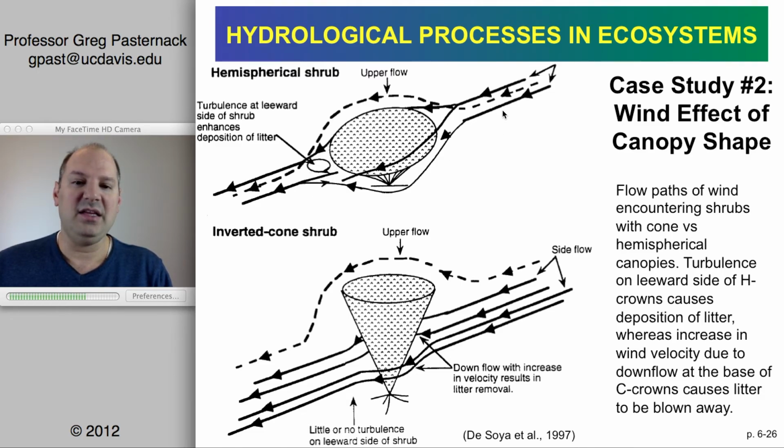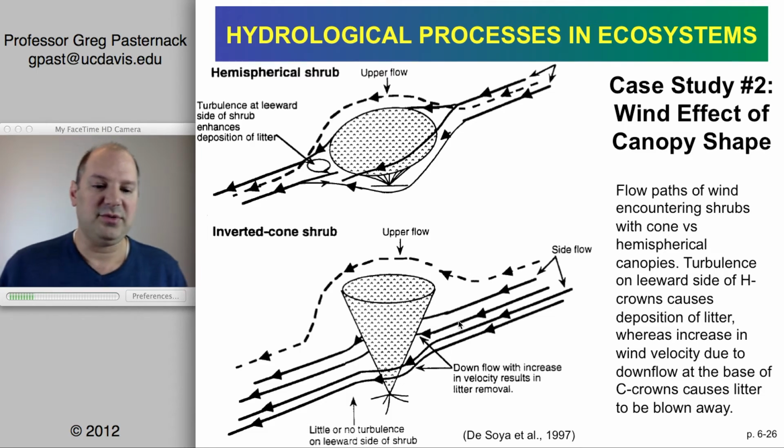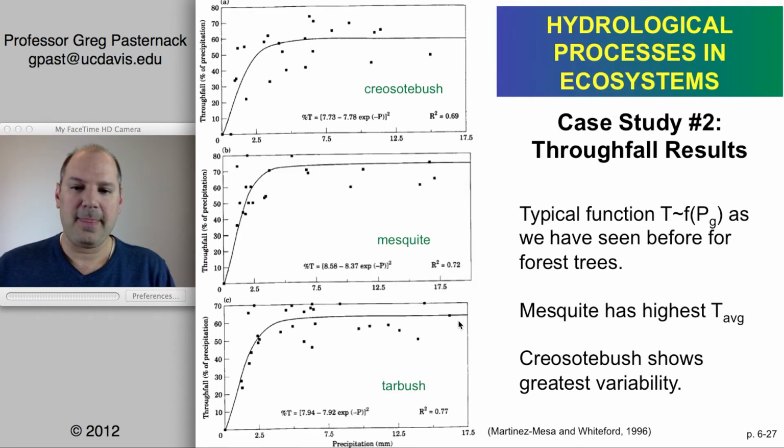And so the idea is that whatever debris, litter, dust, stuff that's being carried with the wind, or that might be broken off or coming from shrubs, is going to have a chance to accumulate in the lee side of a hemispherical shrub, but that won't happen for a cone shrub. So that's the concept.